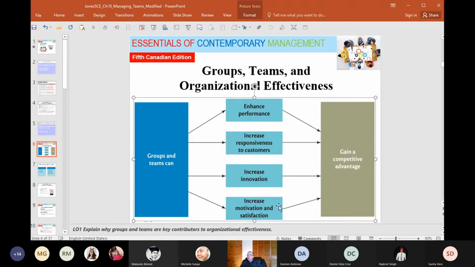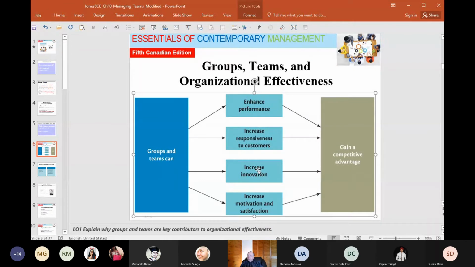And also it increases motivation and satisfaction because you can be motivated since you want to contribute positively to the team, and it also creates satisfaction because teams fulfill our needs for social interaction, for example. So these are all good reasons for working in teams. So teams are definitely key contributors to an organization's effectiveness.